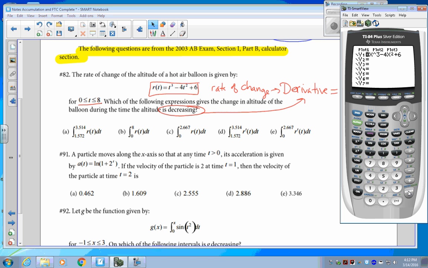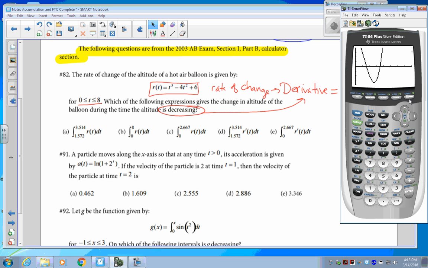And I'm going to change my window so that I'm looking in the domain of 0 to 8, because that's all that I care about. And all I really care about is whether my derivative is positive or negative. So I'm going to squish my window just to go -4 to 4. I just randomly picked that. I could go -1 to 1. The key is I really want to look around when y is 0. So I'm going to graph that.